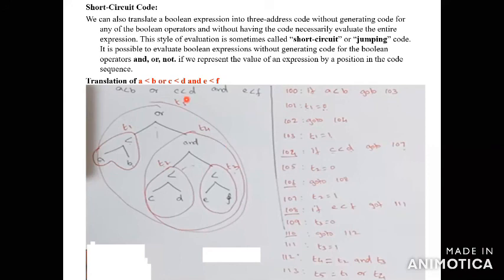T4 is T2 and T3. T5 is T1 or T4. It's correct. Similarly you have to write for the given expressions.